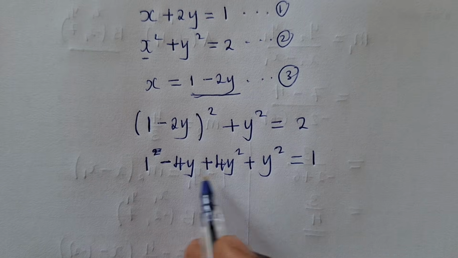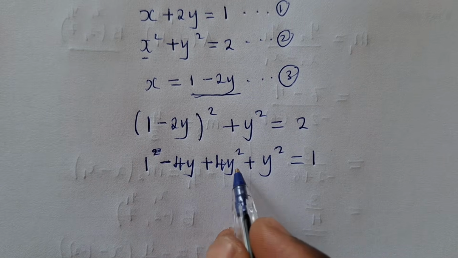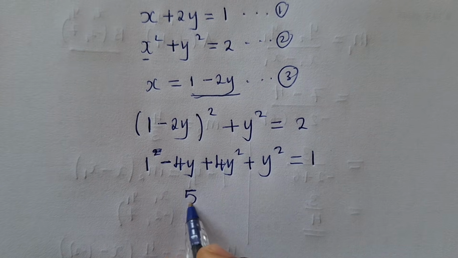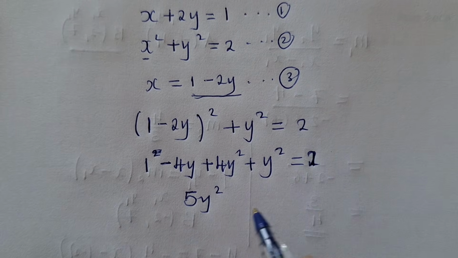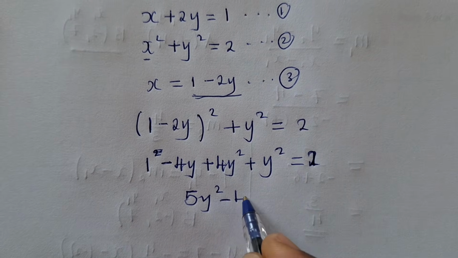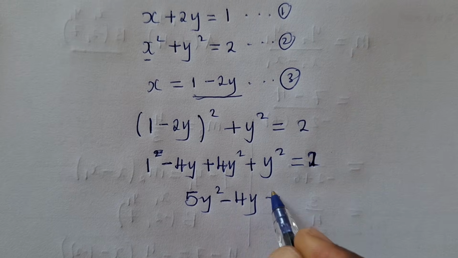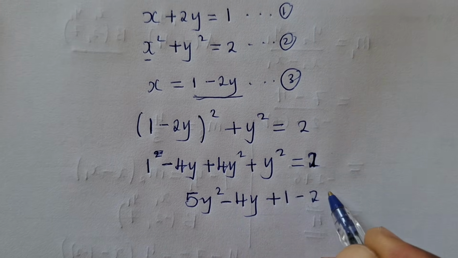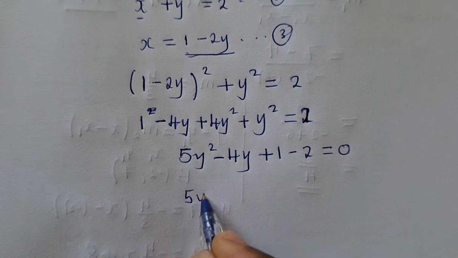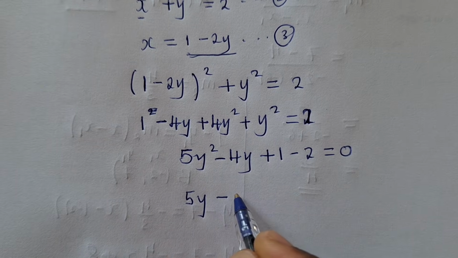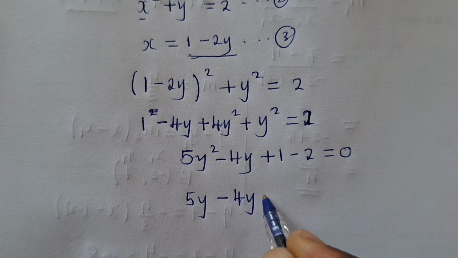And then we group the like terms. So these two will give us 5y squared. Okay, there's a 2 here actually. And then minus 4y plus 1 minus 2 is equal to 0. So we've got a quadratic equation. This is a quadratic equation. We clean it up.